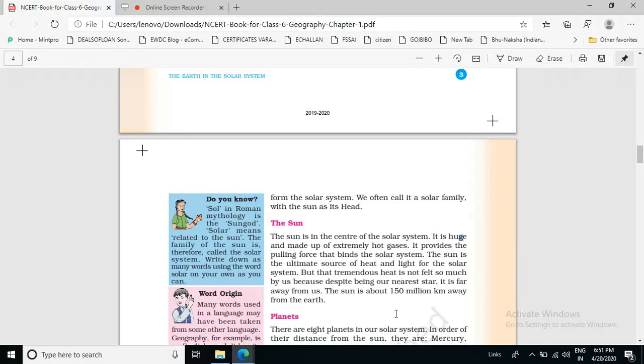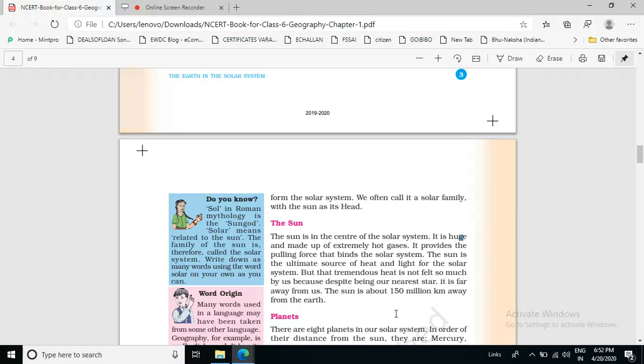The sun is in the center. Now the sun is made up of extremely hot gases, and this causes the temperature of the sun to be very high.